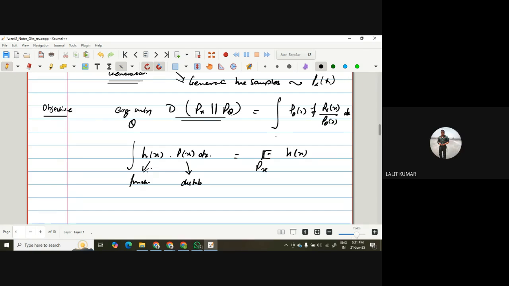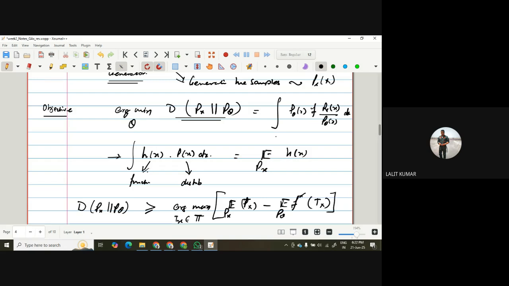So this property we utilized, and from there we found the lower bound of this divergence metric. So we found that D(px, p theta) is greater than or equal to the max over t of x, coming from the T functions, of the expected value over px of t of x minus the expected value over p theta of f star of t of x. This was where we reached in week one.